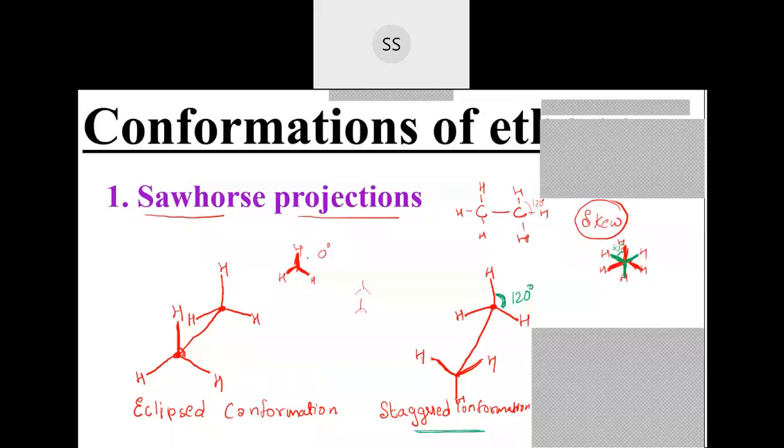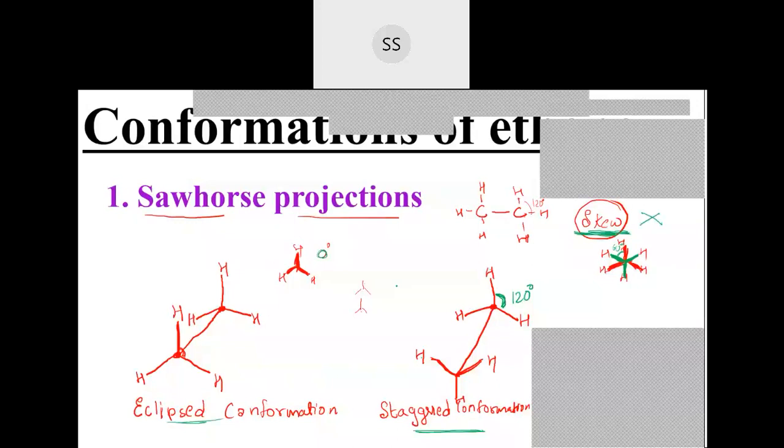If you see overlapping, that means the behind one is getting covered by the front one, then the angle between them is 0. That means it is eclipsed. In between, whatever you get, like 40, 30, that is called skew. But I said you don't have skew for your syllabus. That is for higher level. Now you have only these two, eclipsed conformation and staggered conformation. Yes?